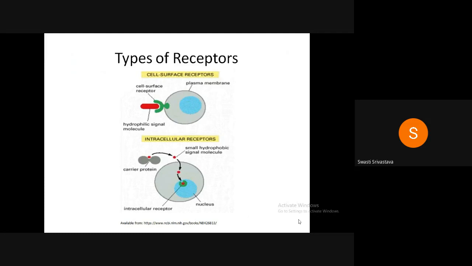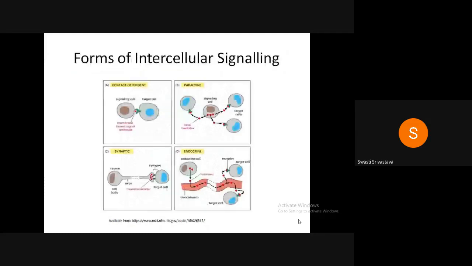Now, the forms of intercellular signaling. How will the cells communicate with each other? Two different cells are trying to send out signals or messages to each other. How will they do it? As you can see from the diagram, you have four kinds of intercellular signaling methods.